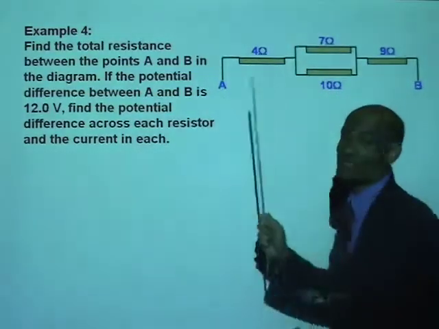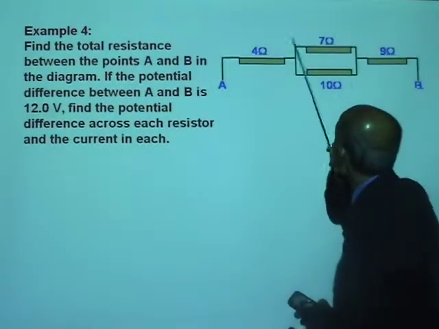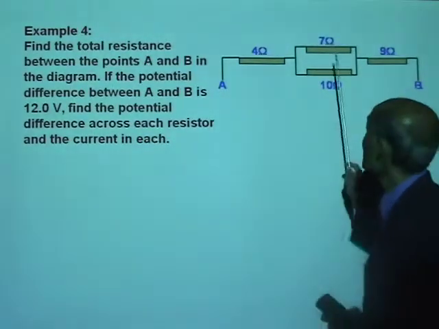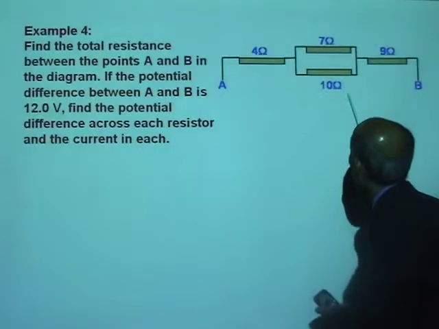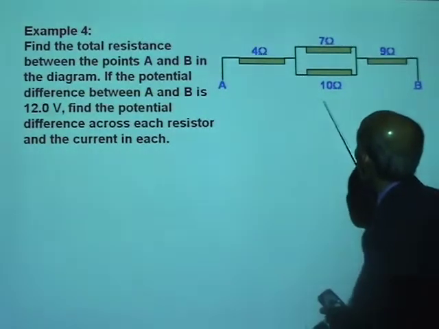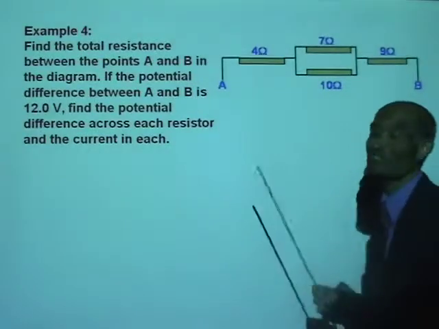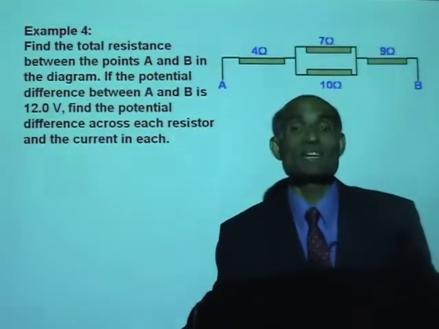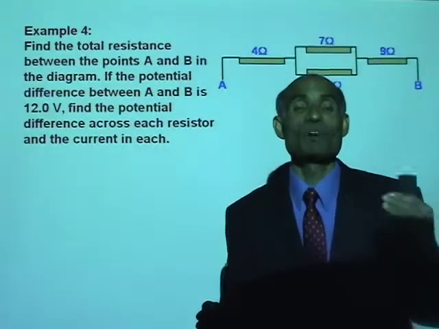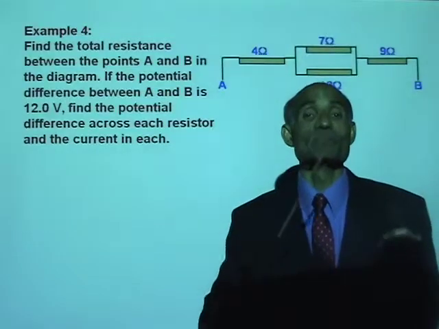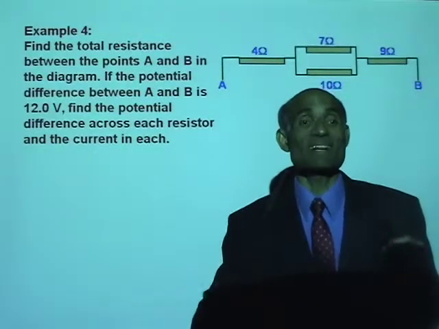Okay, let's first start looking at the total resistance. Where do we start? We start at this parallel combination. Can you tell me what is the total resistance of this parallel combination? When two resistors are connected in parallel, the total resistance will be R1 R2 divided by R1 plus R2.